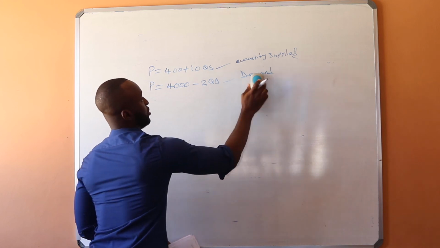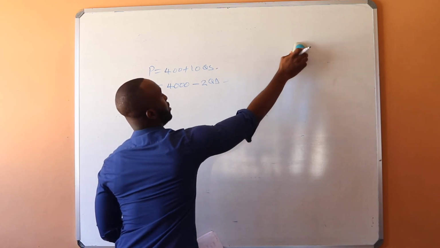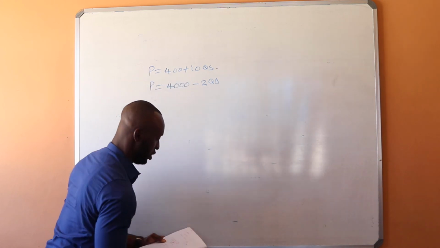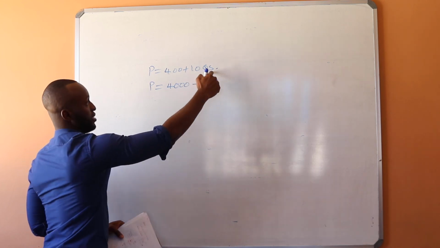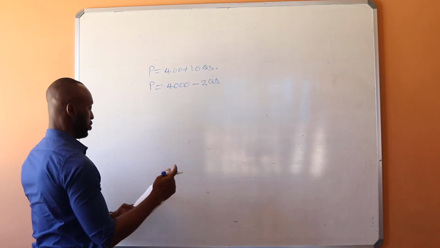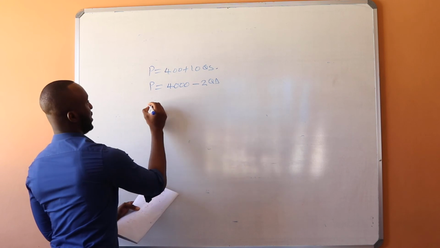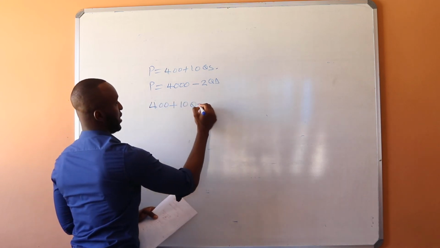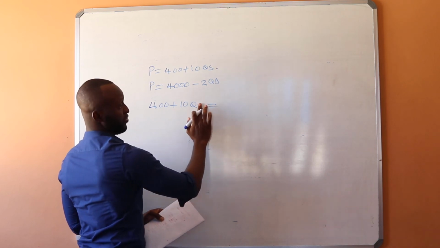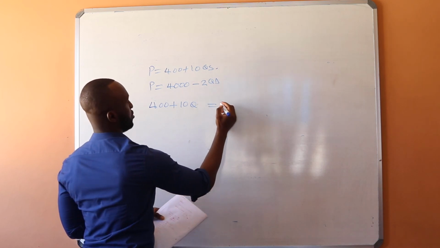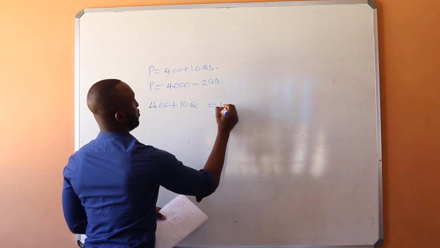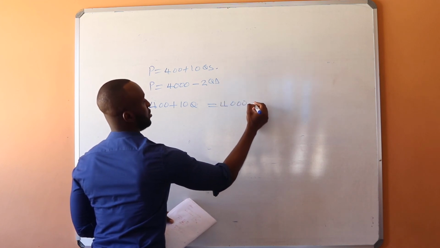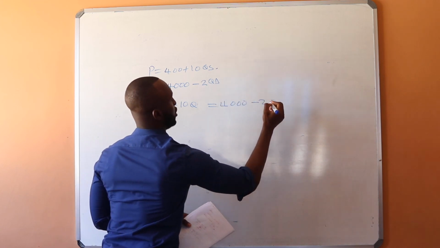Now, looking at this question, let's solve. So what we mean by equilibrium is that QS and QD are equal. So, since they are equal, that means 400 plus 10QS is equal, we can just put the S, okay, not to get you confused, and the D as well, is equal to 4,000 minus 2Q.